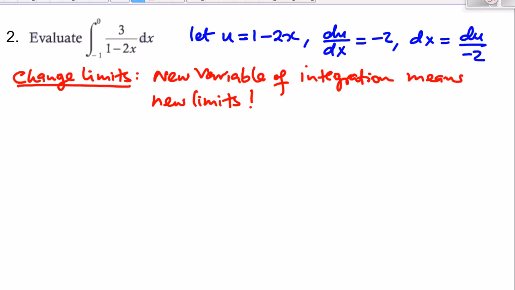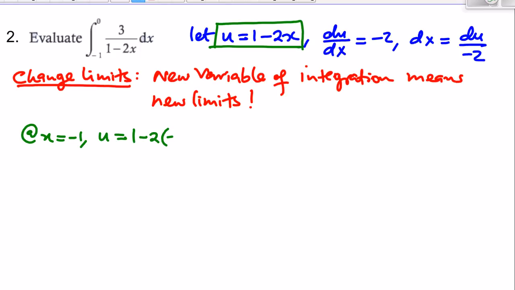Okay, so we need new limits because our new variable of integration will be u. To do that, we can actually use this substitution here to work out the new limits. So we'll say at x equals negative 1, u will be equal to 1 minus 2 multiplied by negative 1, which will be 3.